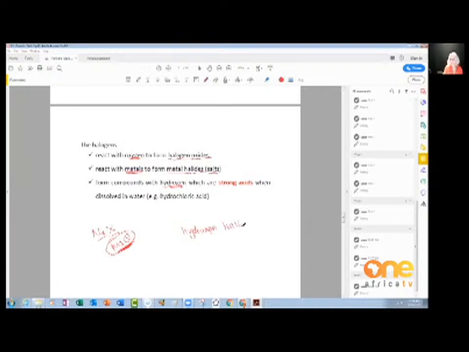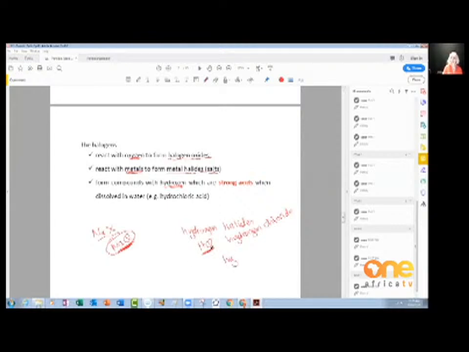When chlorine reacts with hydrogen, we write it like that, hydrogen chloride. And this, if we dissolve it in water, makes the famous hydrochloric acid, a very strong acid, a very, very important acid, the hydrochloric acid.